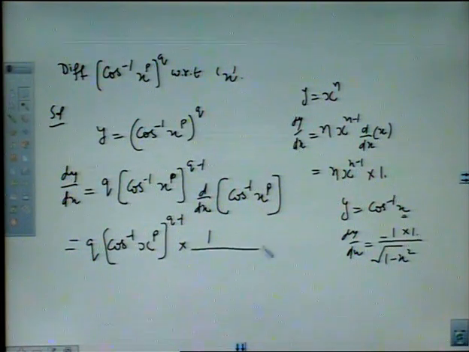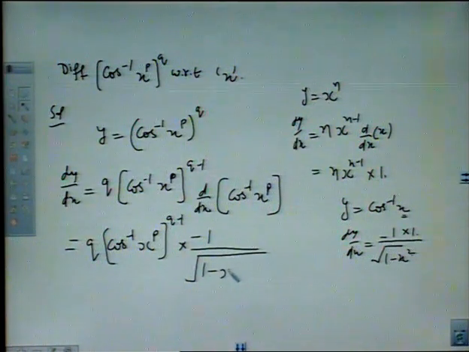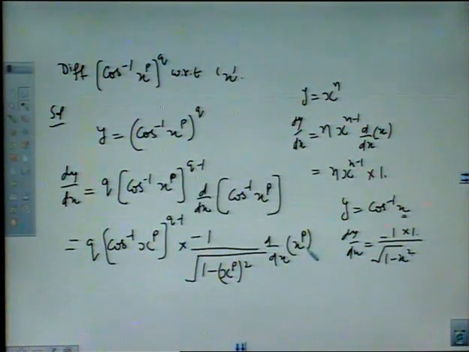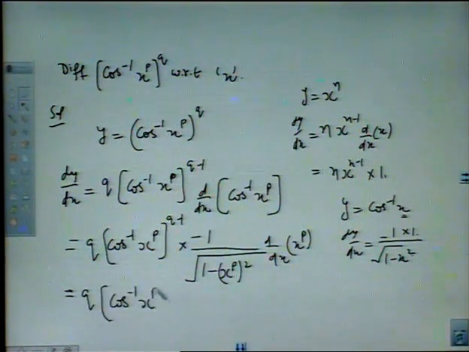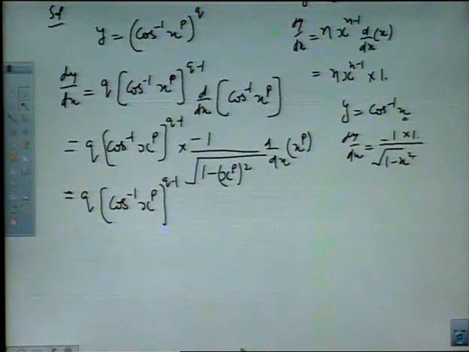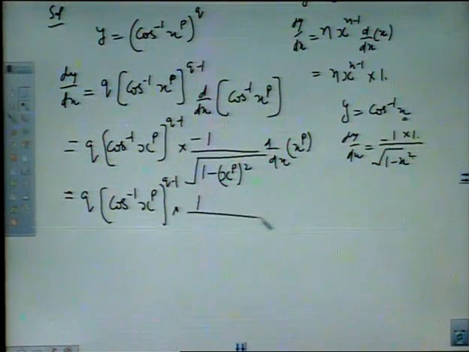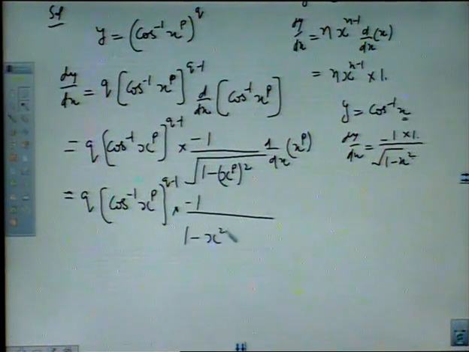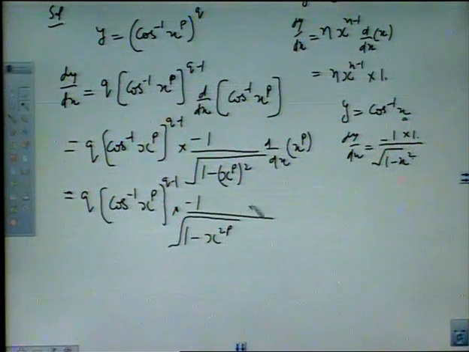Here it is x raised to power p, then derivative is minus 1 upon under the root 1 minus x raised to power 2p, and derivative of x raised to power p is p x raised to power p minus 1.